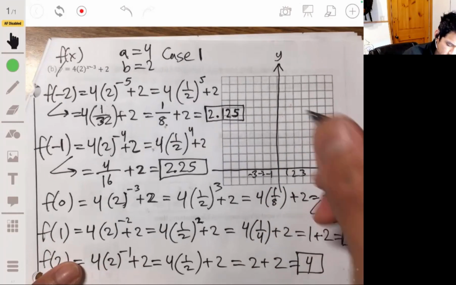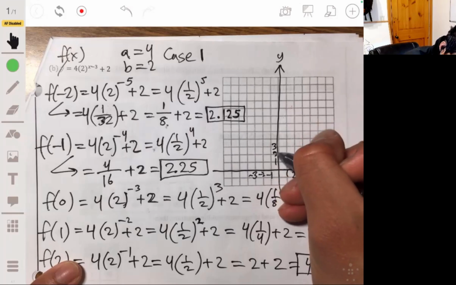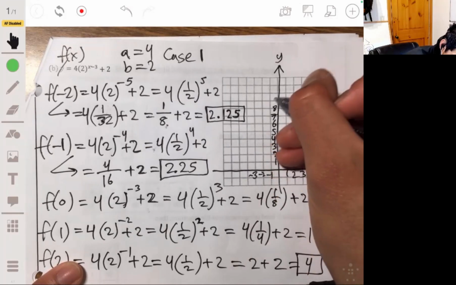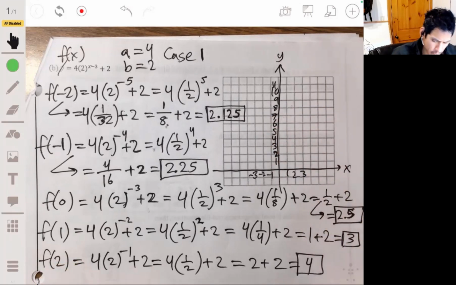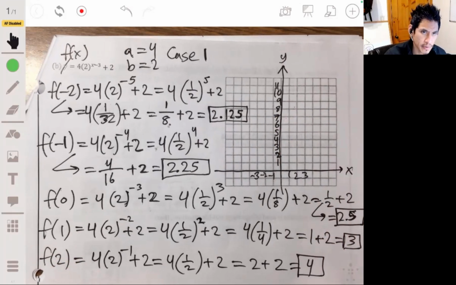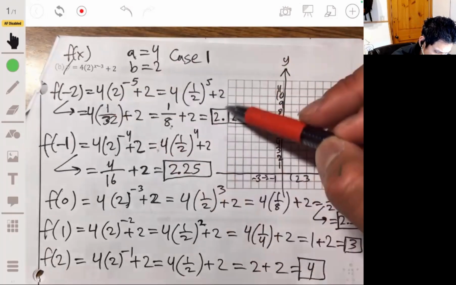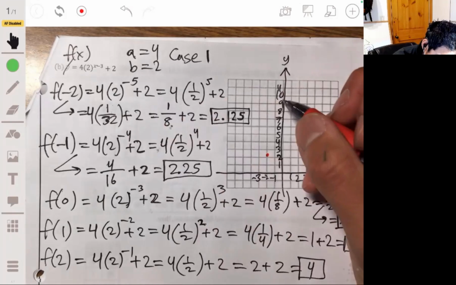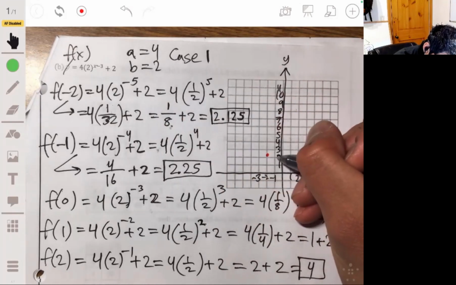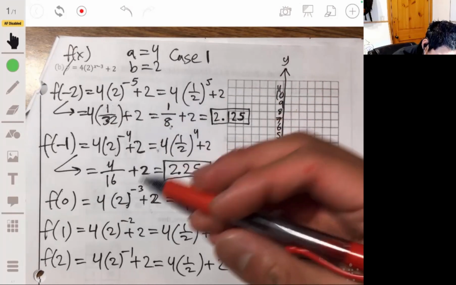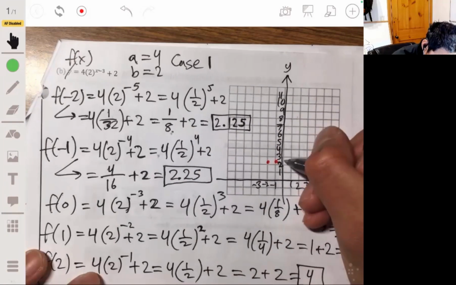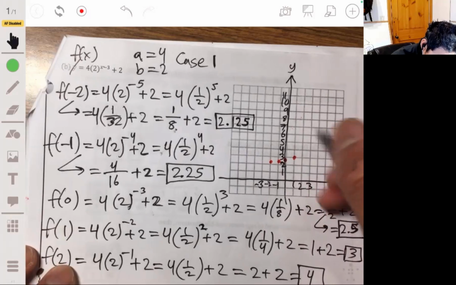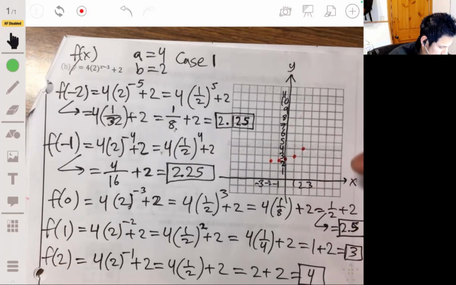And we can just go by ones for this one. Plotting these points: negative 2, 2.125. Negative 1, 2.25. 0, 2.5. 1, 3. 2, 4. Growing really, really slow, eh?